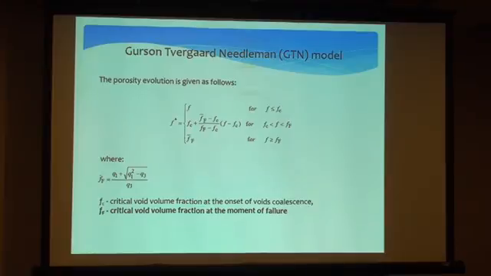The change in void volume fraction during the loading process is described by the following equation, but for me now the most important is the critical void volume fraction at the moment of failure, which is denoted by FF. And my task is to determine the value of this parameter experimentally.